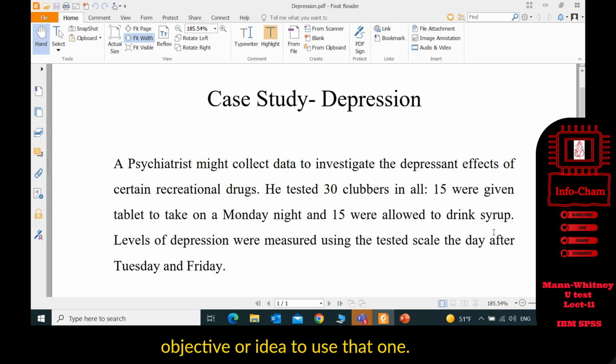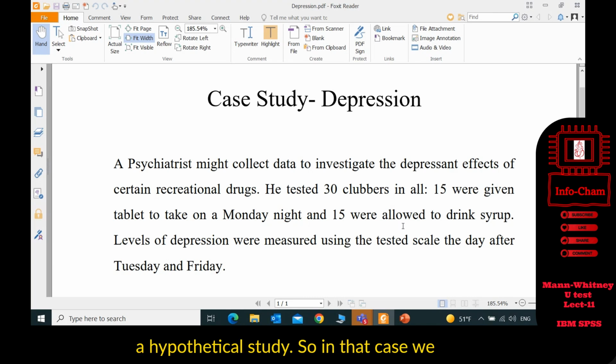This is the objective or idea. So we can check whether there is any difference between the depression levels or not, because we are giving two things. One group I'm giving the tablet, and the second group I'm giving the syrup. Just think, this is a hypothetical study.